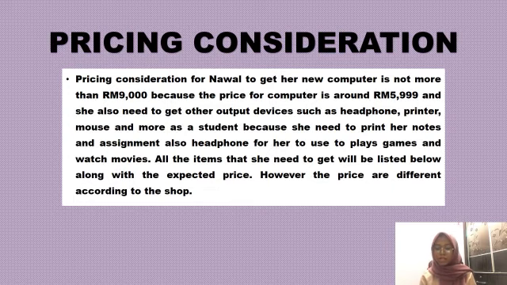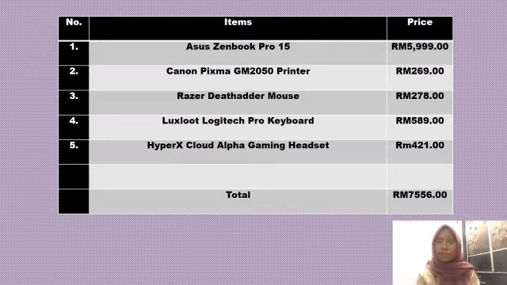As a student she needs to print her notes and assignments, and a headphone to play games and watch movies. All the items she needs are listed below along with the expected price. However, the prices differ according to the shop. In the table above, I state the prices of the output devices and the computer that she needs.